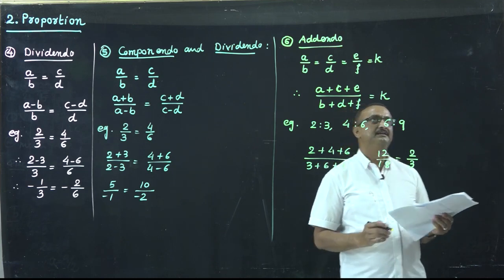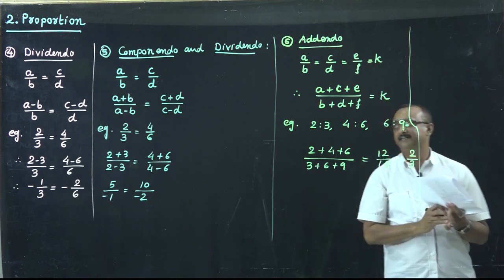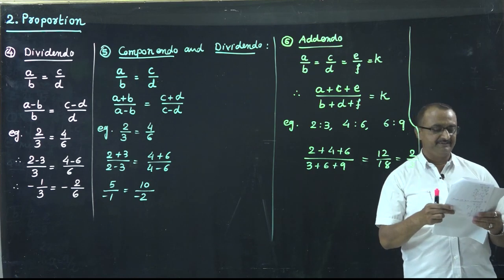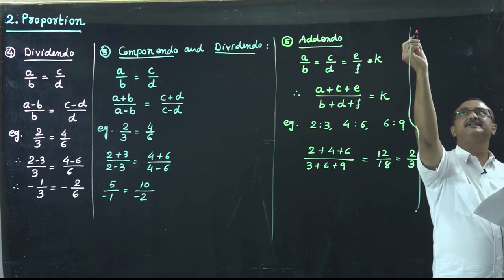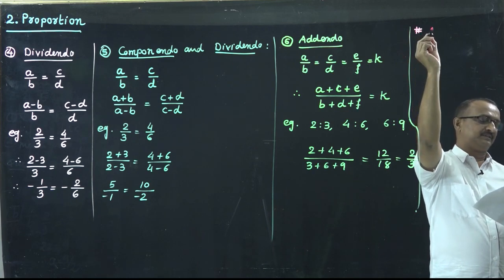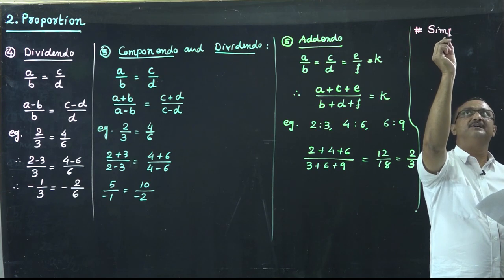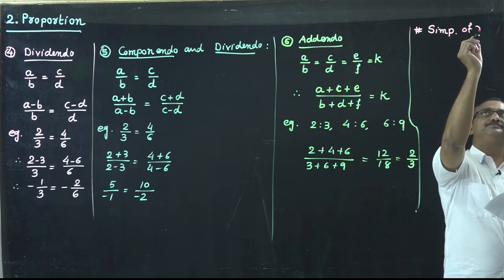Last point, it is not a property but the last point in the theory of this chapter: simplification of ratio. I am writing a bit briefly here, there is no space, so simplification of ratio.